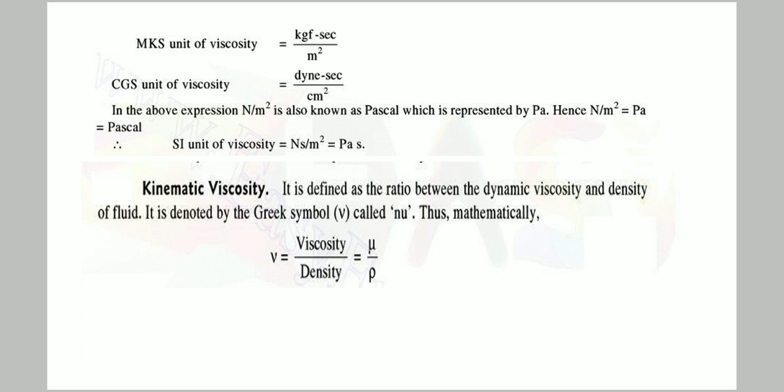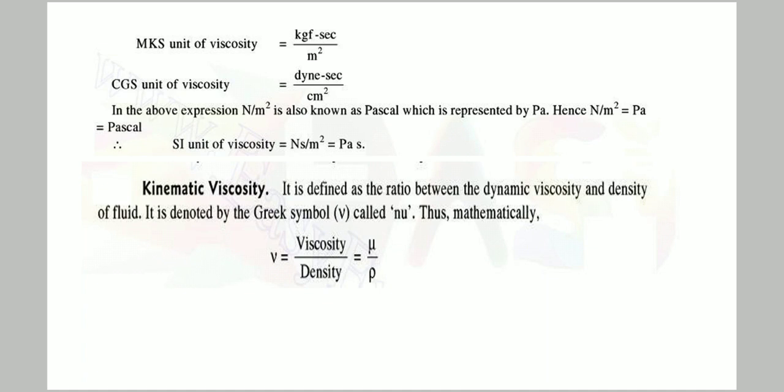So you need to convert this CGS unit into SI unit, and the conversion is that 1 poise is equal to 1 by 10 Newton second per meter square. So keep it in mind that 1 poise is 1 by 10 Newton second per meter square. It will be useful in handling the problems.